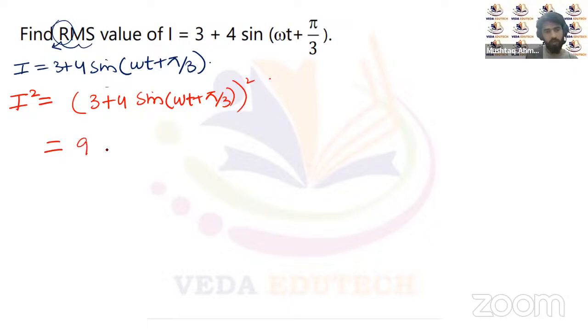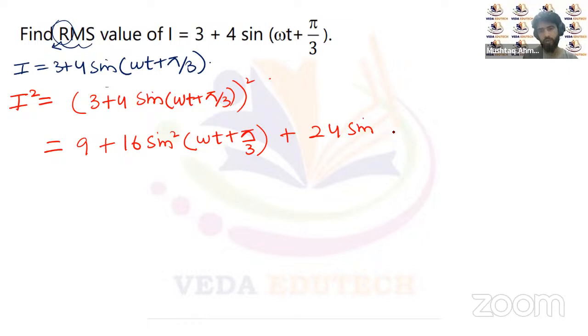It will be 9 plus 16 sine square of omega t plus pi by 3, and plus 2ab, that is 2 into 3 into 4, which is 24 sine of omega t plus pi by 3.